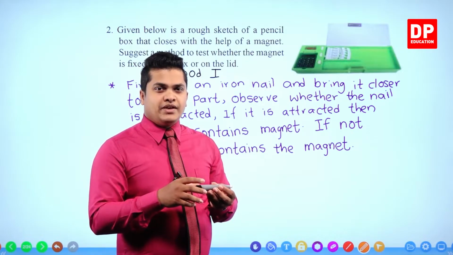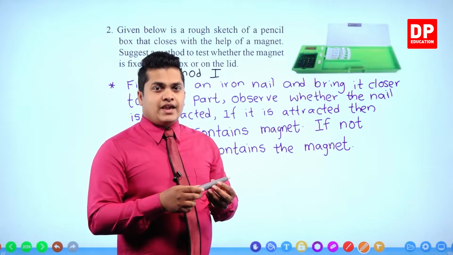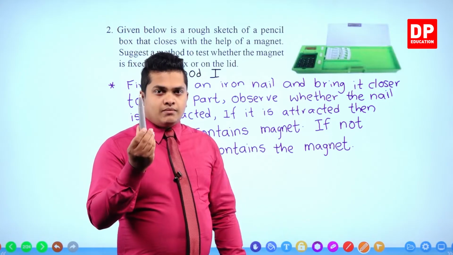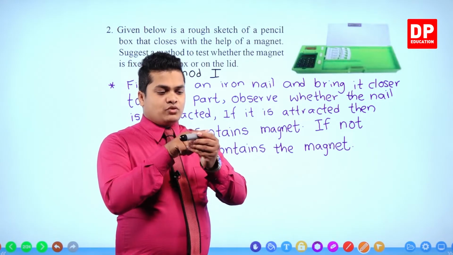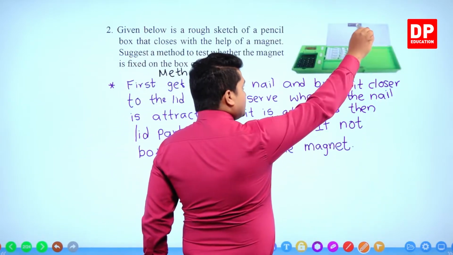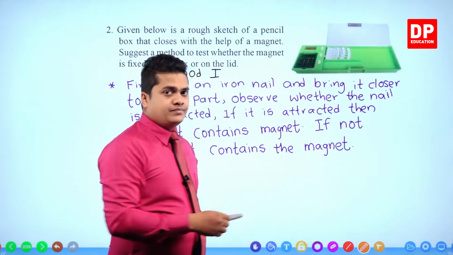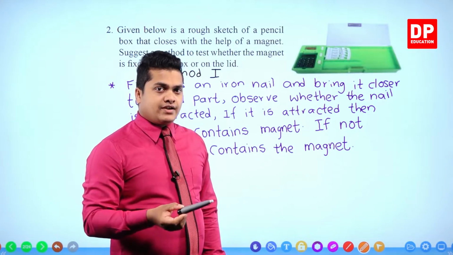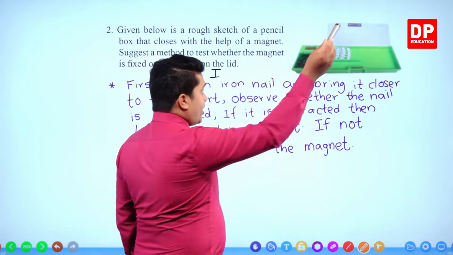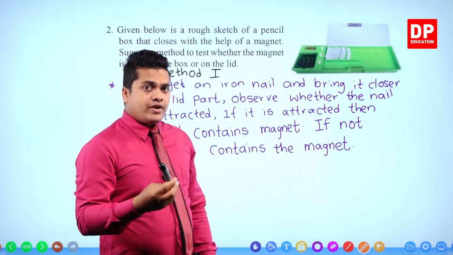Let's imagine I have a marked bar magnet like this, with a north pole and a south pole. Now I'm going to bring this north pole near the lid and see whether it is getting attracted. If it is, I'm going to interchange my terminals and bring it in here to see whether it is getting attracted or not.